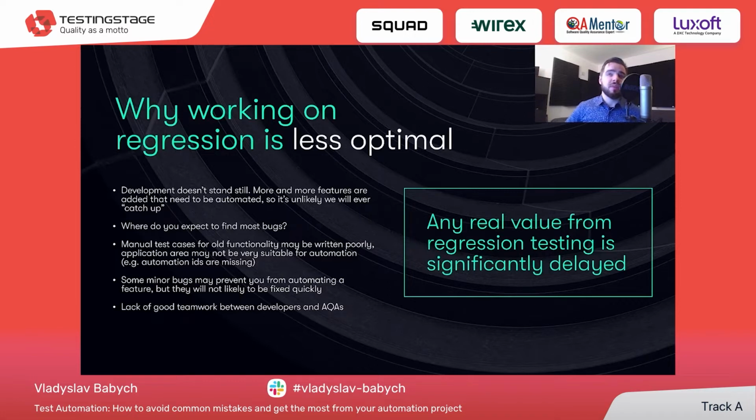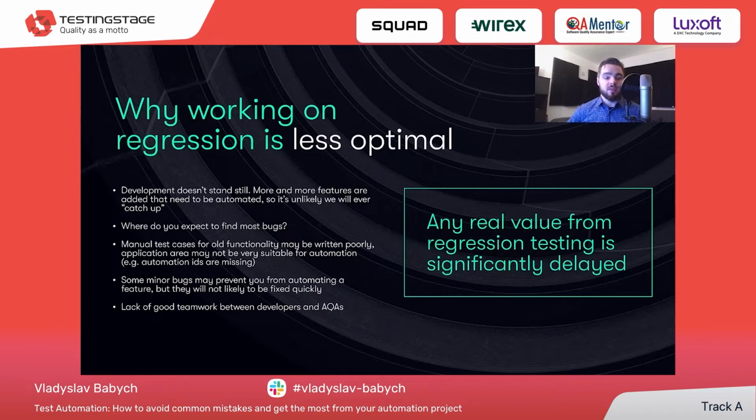And usually it will not be fixed quickly even if you report it, because someone has to do a context switch, bring it to the sprint, etc. And you know how it goes. Also, the last point, which is very important, but unfortunately not talked about as often as it should be: there's a huge lack of good teamwork between developers and automation QAs.